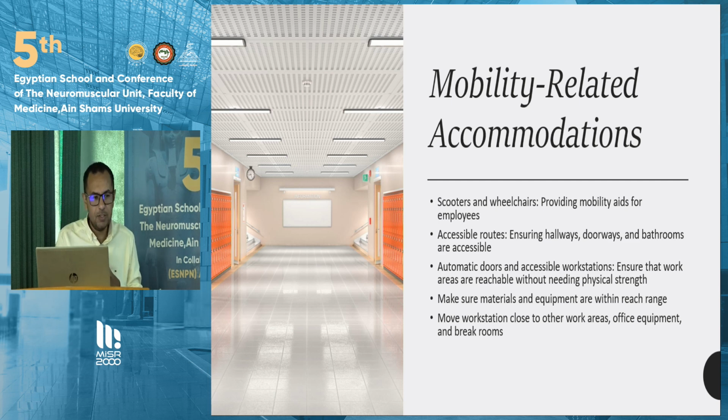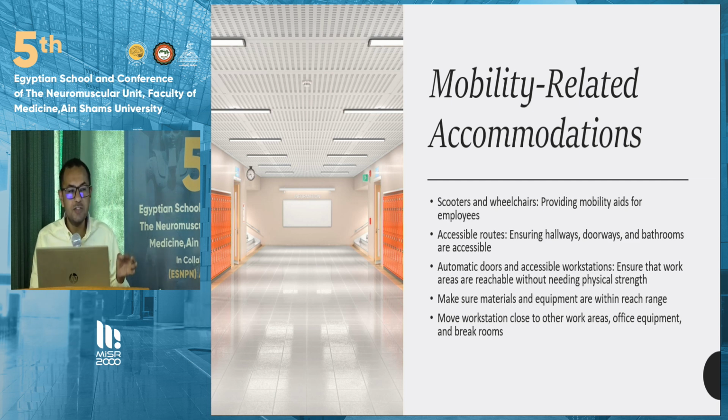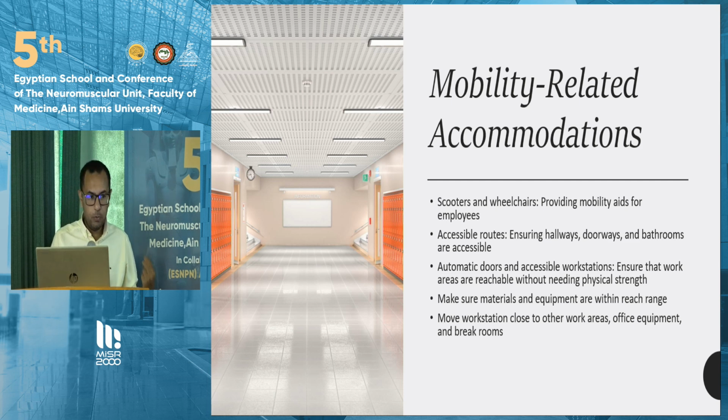And this is easy. This is not a structural thing. It's kind of managerial, something that we can do. It's doable. Move workstations close to other work areas and office equipment, and sometimes to break rooms and to restrooms. It's really nice if I am an employer to move that employee next to the restrooms, next to the break rooms.